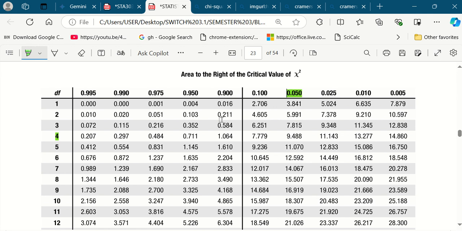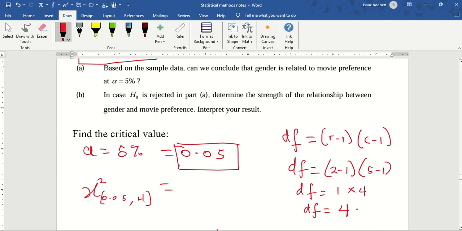Then you trace the two. The meeting point is this. So I can see that the value there is 9.488. So let's go back and write that down.